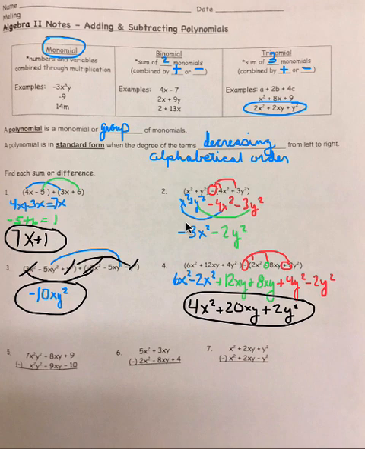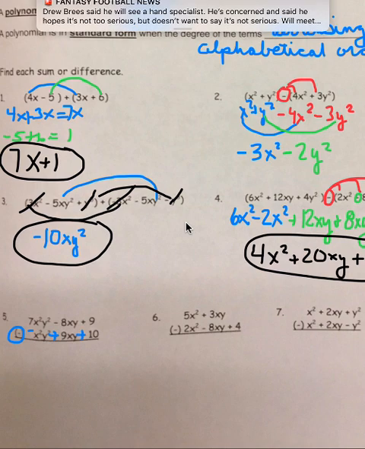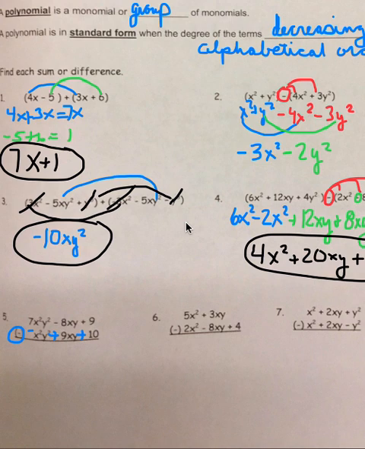So you can see 5, 6, and 7 are all subtraction. So that means this changes to negative, that's positive, and that's positive. So as we look, 7x squared y squared minus x squared y squared gives 6x squared y squared, negative 8xy plus 9xy is going to leave us with just plus xy, and then 9 plus 10 is going to leave us with plus 19.